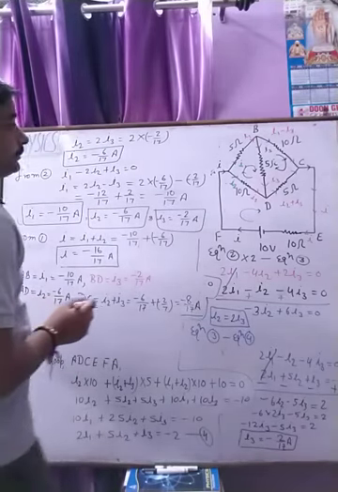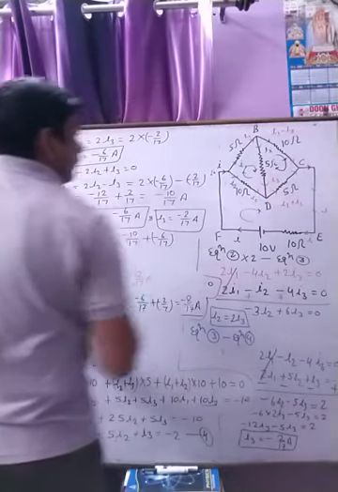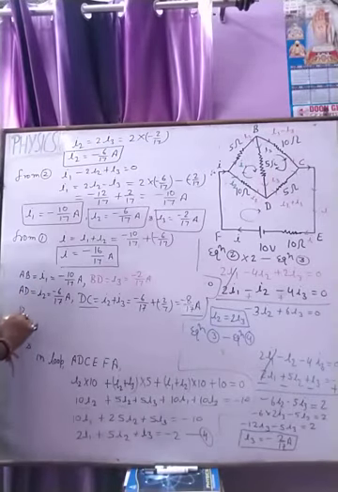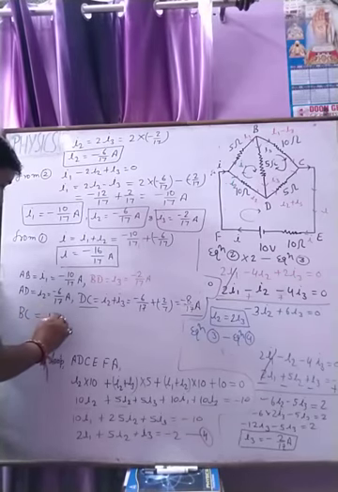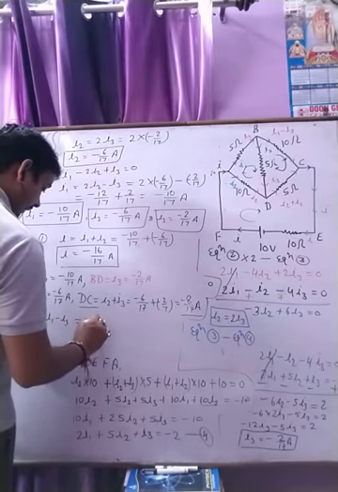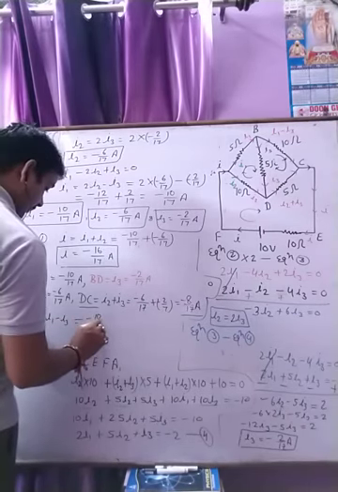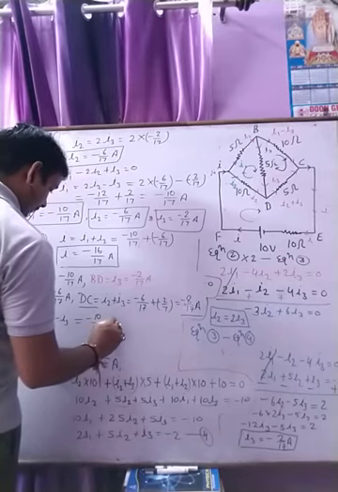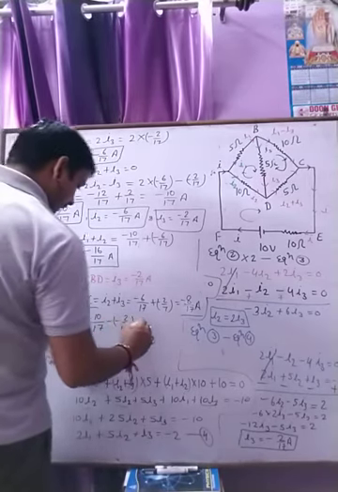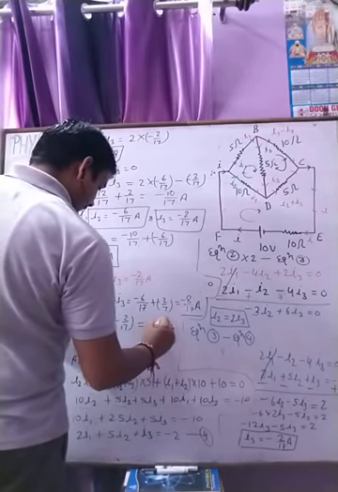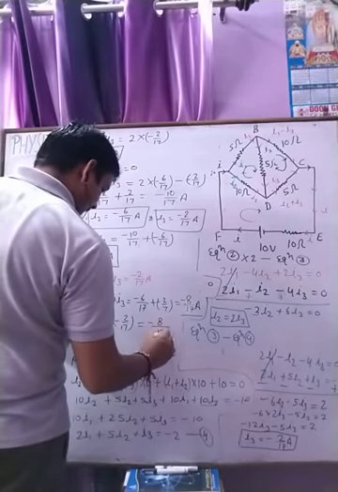Next, in branch BC, I1 minus I3, minus 10 by 17 minus minus 2 by 17. This we get minus 8 by 17 ampere.